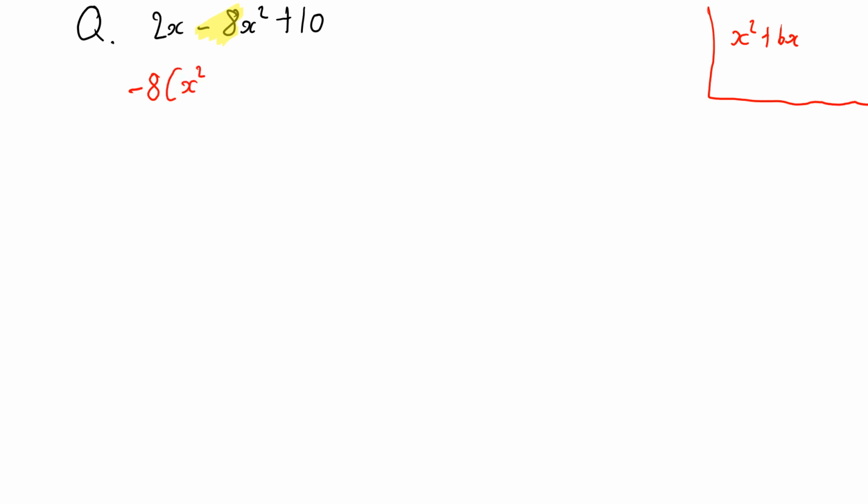Now, I'm going to take that factor of -8 out of everything apart from this integer over here, whatever the c is. If we remember going back to GCSE, quadratics are in the format of ax squared plus bx plus c. Linking it to completing the square, we don't really care about the c for now. Well, we do care about it, but we don't need to do anything with it when trying to complete the square. So I'm going to leave that there.